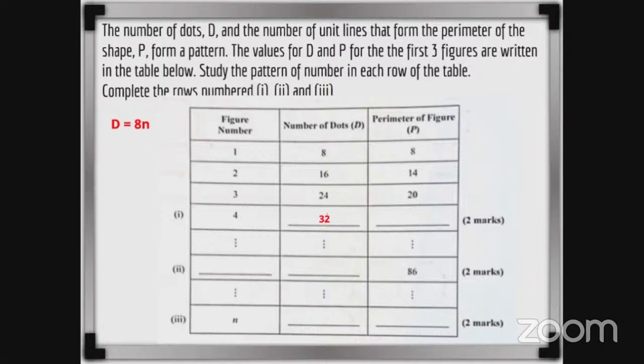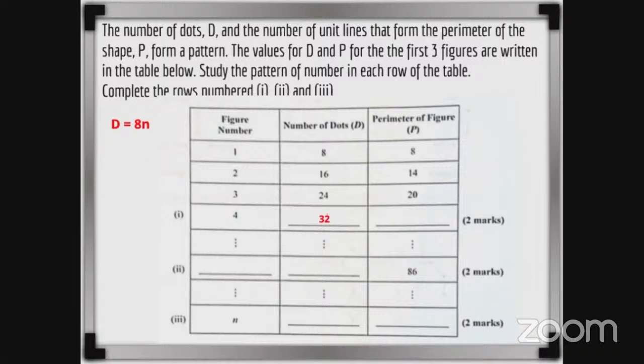The relation for the perimeter figure is 6. All right, so you have to help me a little bit more. Is it from 8 to 14 to 20 you're looking at? Yes, miss. Okay, so the difference in the perimeter from figure 1 to figure 2 is 6, and then from figure 2 to figure 3 is 6.